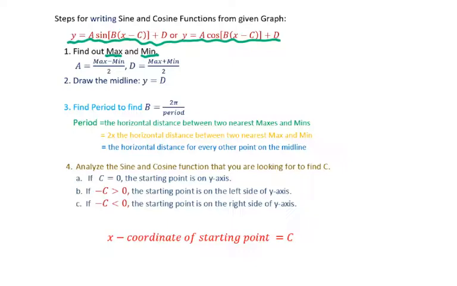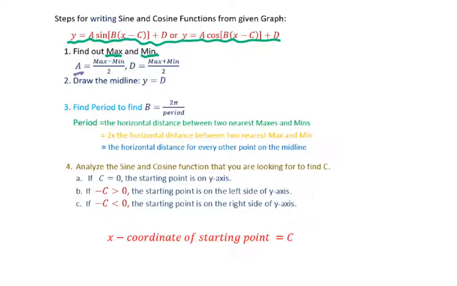Then here's the formula for A. Amplitude will be maximum minus minimum over 2. How to remember that? A is amplitude, which means distance. When you're looking for distance, we always do subtraction. So maximum minus minimum over 2, that's amplitude.